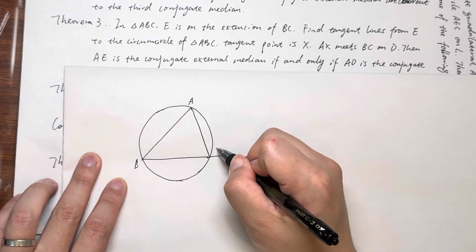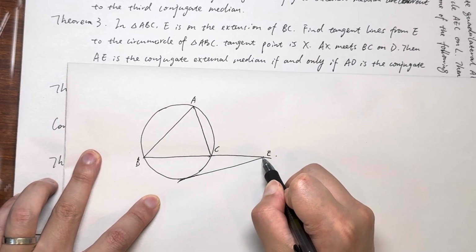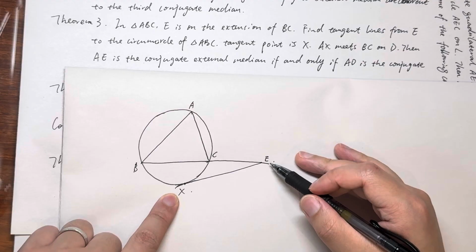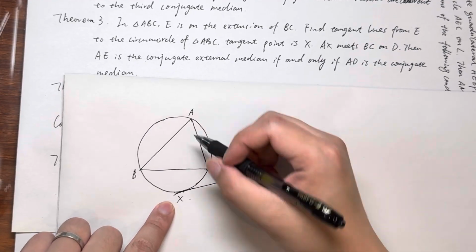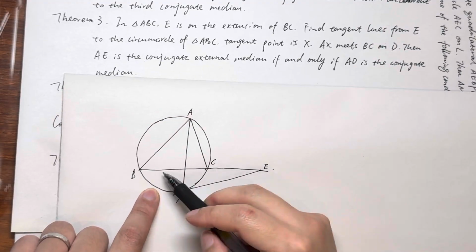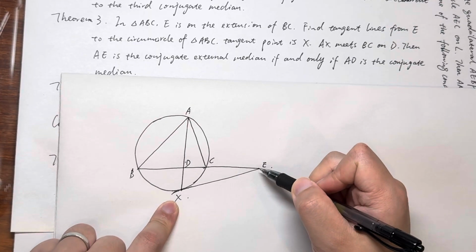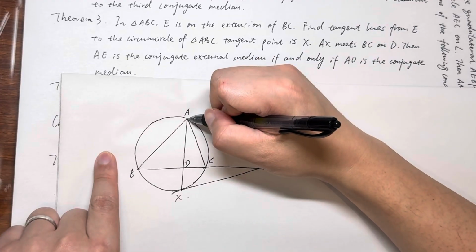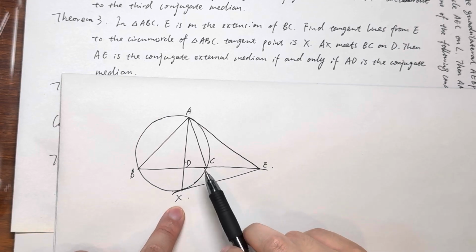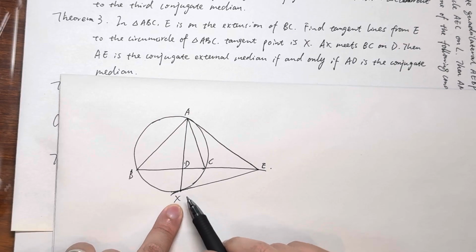A, B, C. This is E, and we find X here. AX meets BC at point D. Right, now we want to prove that AE is a conjugate external median if and only if AD is a conjugate median.